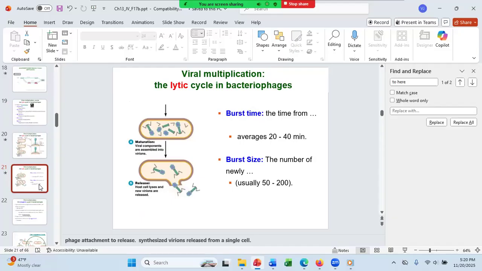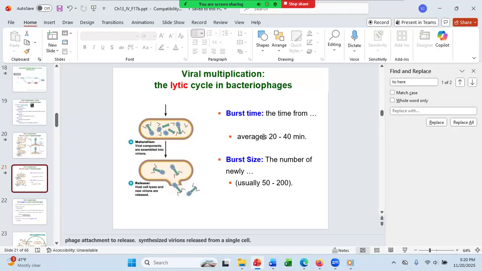Two important terms for the lytic life cycle are the burst time and the burst size. The burst time is the time from when the bacteria cell first becomes infected till the time that the cell bursts. The average is 20 to 40 minutes, depending on the viral species and also the temperature you're growing the virus at.